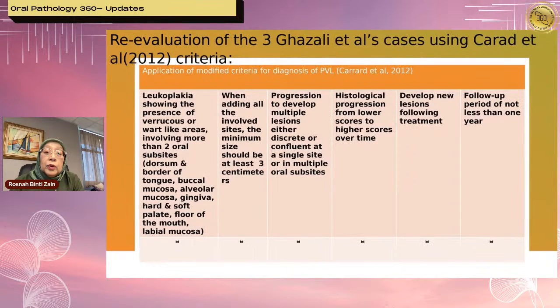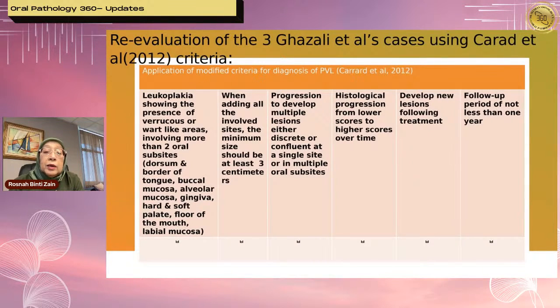Next, we'll go into the evaluation by Carrard et al. And it is the same, except that the criterion here is leukoplakia showing the presence of verrucous or wart-like lesions involving more than 2 subsites. So this is quite a simple criterion that we could have used.